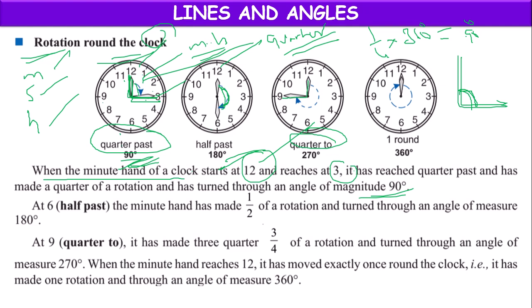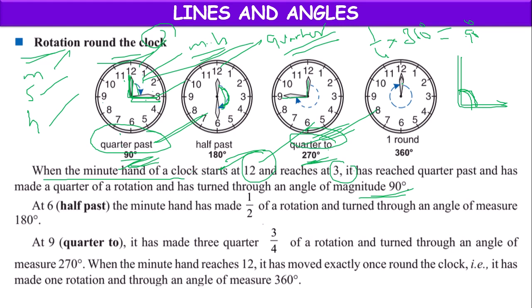For 1/4th rotation, we have taken it as quarter past, but for 3/4th rotation, we take it as quarter to, which is 270 degrees.